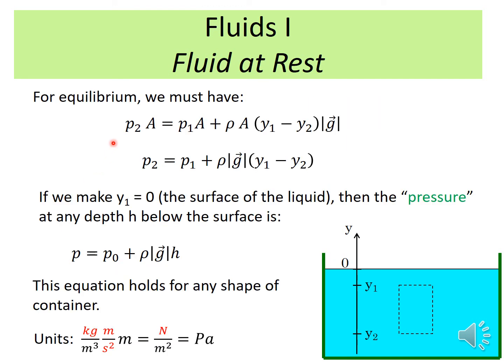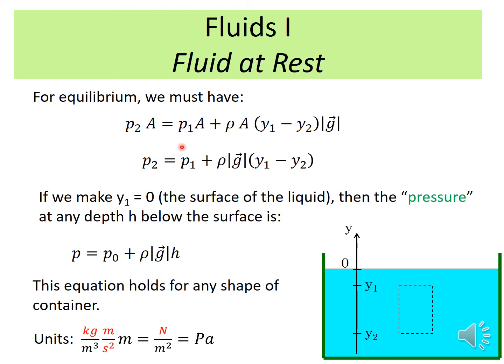So in equilibrium, the force P2A, this one down here, is going to compensate both the weight and the force coming from the surface. This is what is written down here. P2A is the force applied here at y2, and this is the force applied up here at y1 plus the weight of the object.